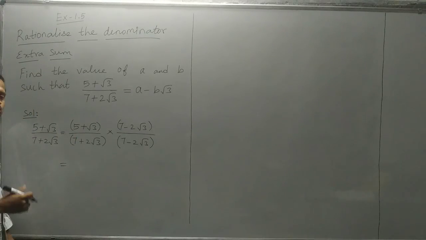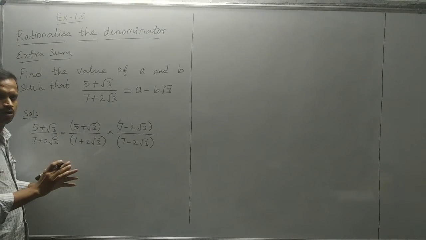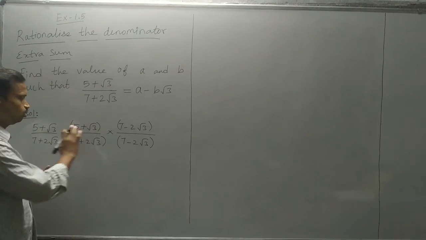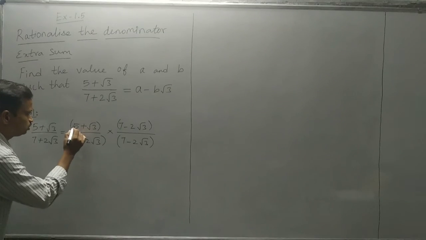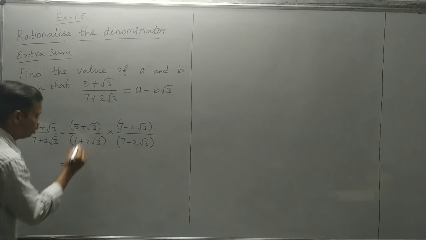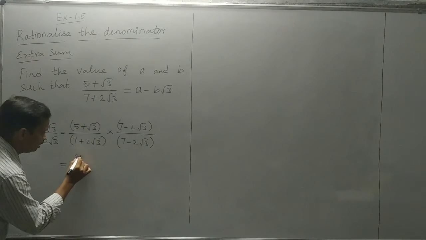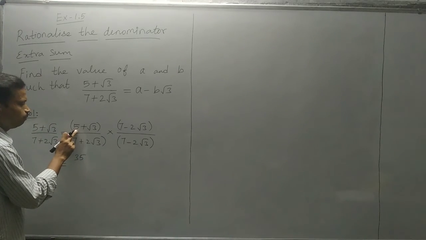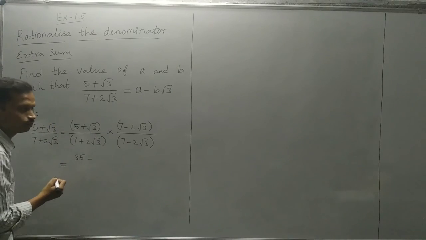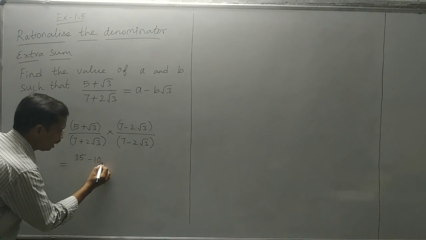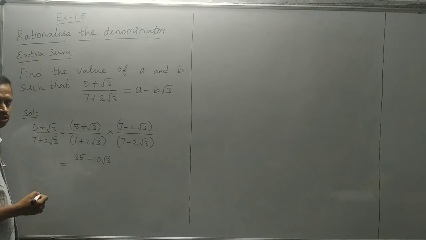And now coming to the numerator, it is just multiplying the two brackets. So first 5 into 7, what is that? 35. And then plus 5 into minus 2 root 3, so minus 10 root 3. Is it clear?